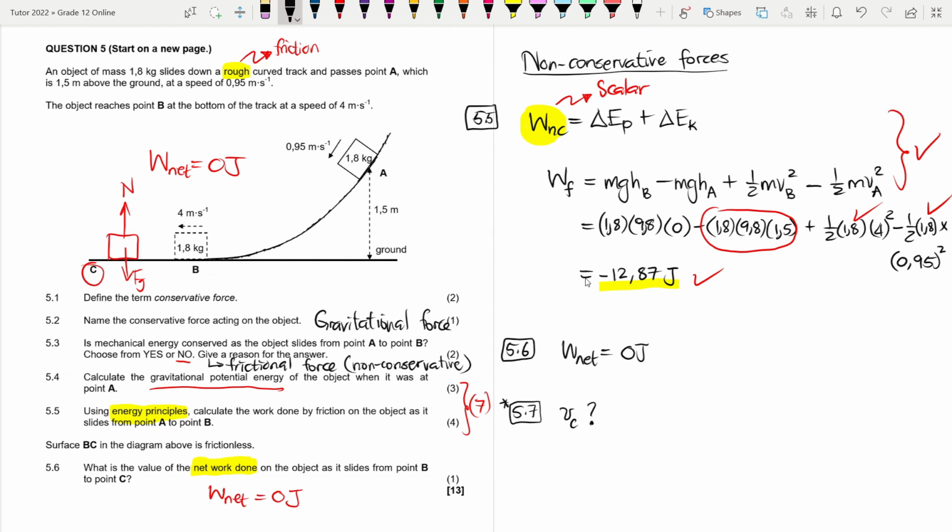Another reason we could have said was, because there's no friction, if I do my conservation of mechanical energy, this is the equation you get. Now look, because there's no friction, it becomes an isolated system. So now you see that there's no change in height, so those terms go away.